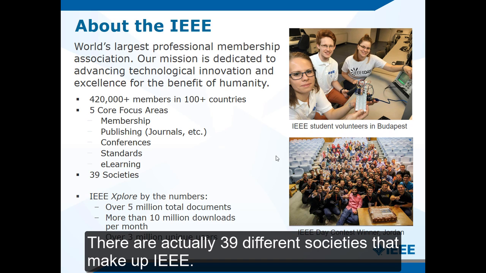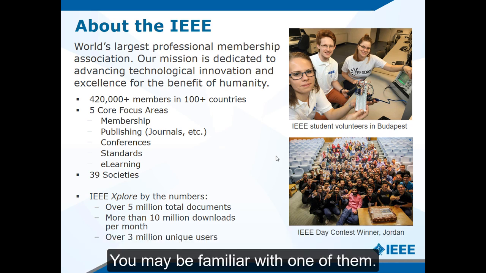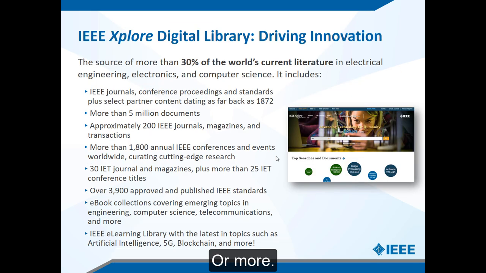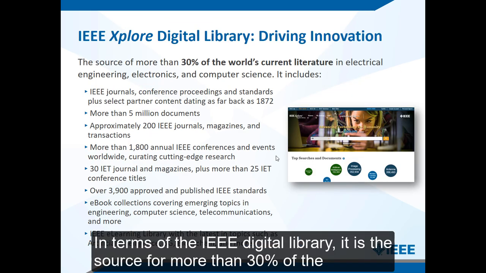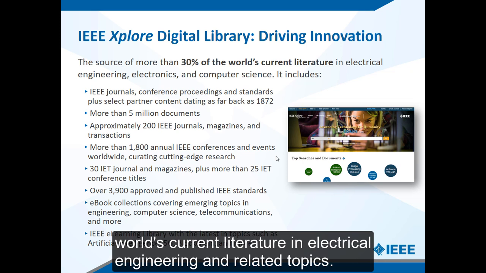There are actually 39 different societies that make up IEEE. You may be familiar with one of them, or more. In terms of the IEEE Xplore Digital Library, it is the source for more than 30% of the world's current literature in electrical engineering and related topics.